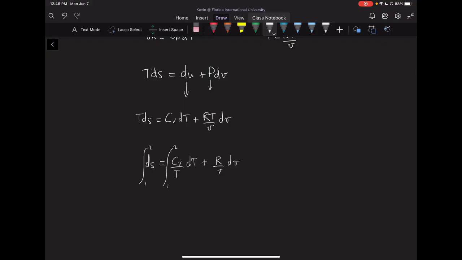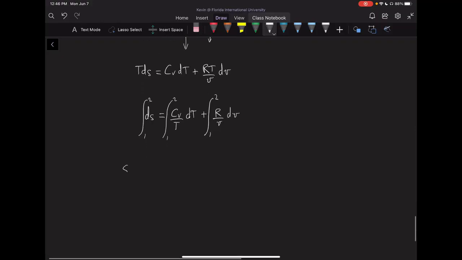So we have integral from 1 to 2 of Cv over T and integral from 1 to 2 of R over V. The R comes out of the integral, and if we compute this, we're left with S2 minus S1 is equal to the integral from 1 to 2 of Cv dt over T, and we're going to leave it in integral form because Cv may or may not be constant, plus R times ln of V2 over V1.